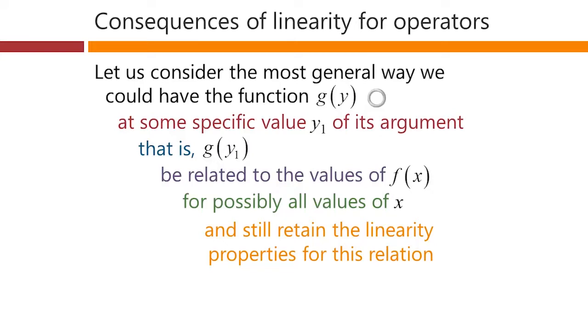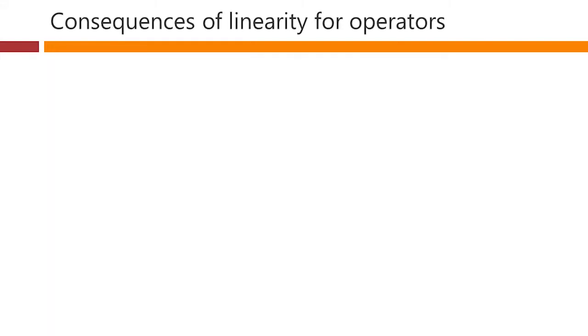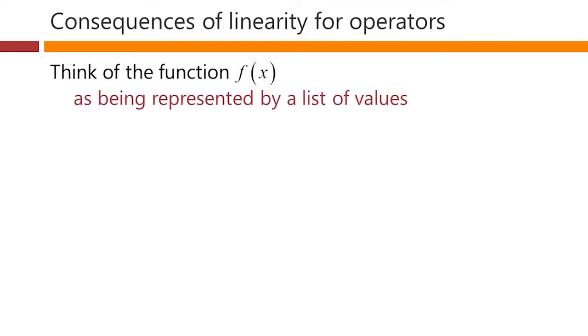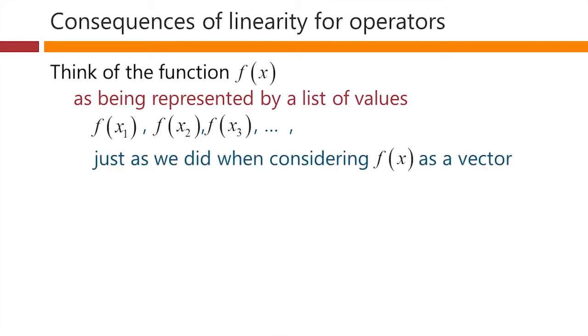What's the most general way we can write this down and still preserve linearity? Well, let's think of the function f of x, as usual, as being represented by a list of values. So f of x1, the first value of the argument, f of x2, f of x3, and so on, just as we've done before when considering f of x as a vector.